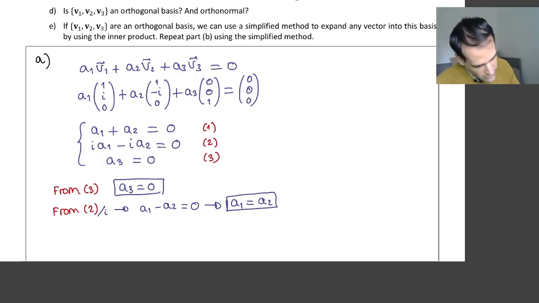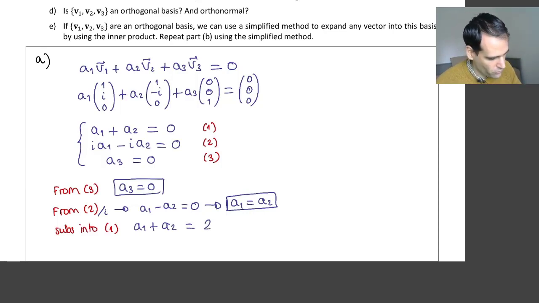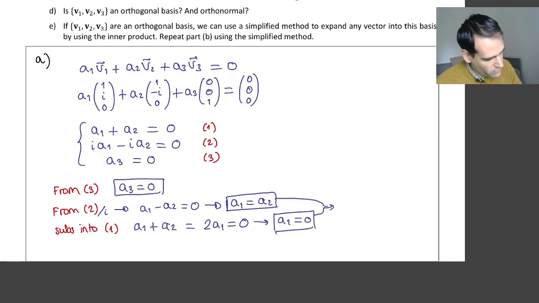We now substitute this into 1. Equation 1 says that A1 plus A2 equals 0, but we know that A1 equals A2, so this is 2A1 equals 0. Therefore, A1 equals 0, and since A1 equals A2, A2 equals 0.